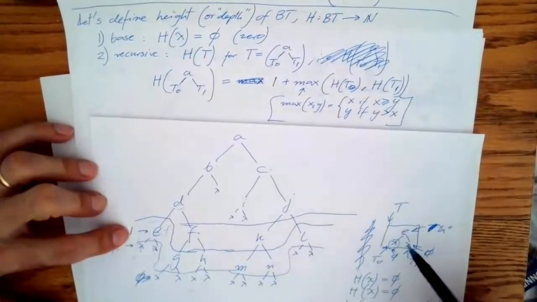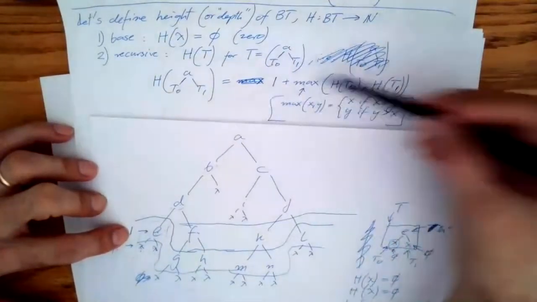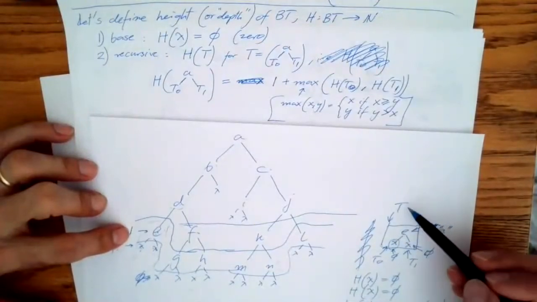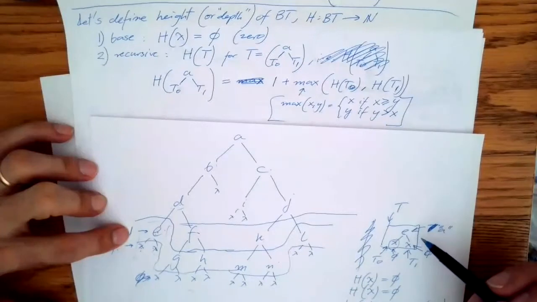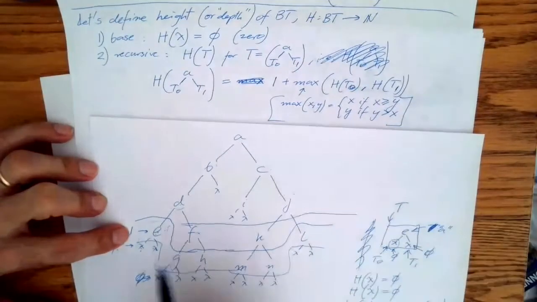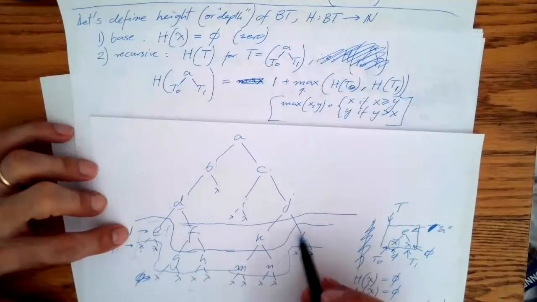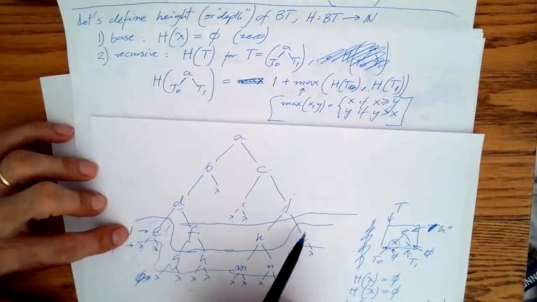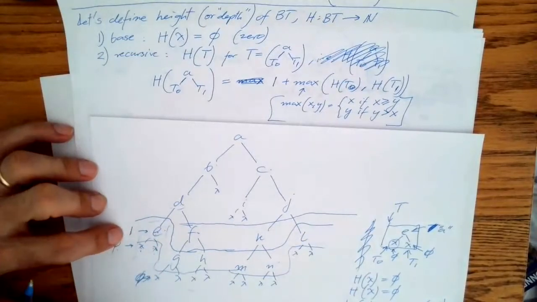Okay? So this definition successfully defines the height of this tree as 1. And it's exactly the same argument for all of these cases, right? Nothing changes except the constant, which is E, G, H, M, N, L in all these cases, right?